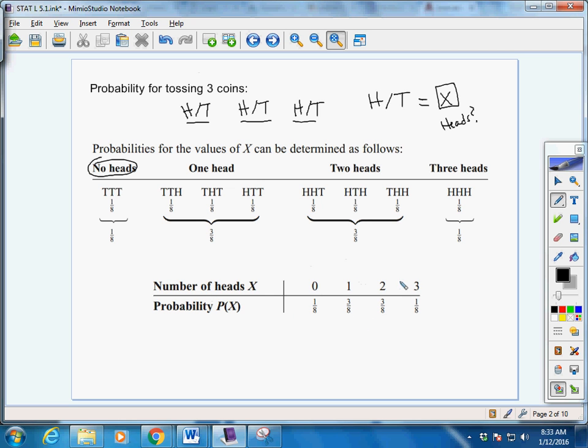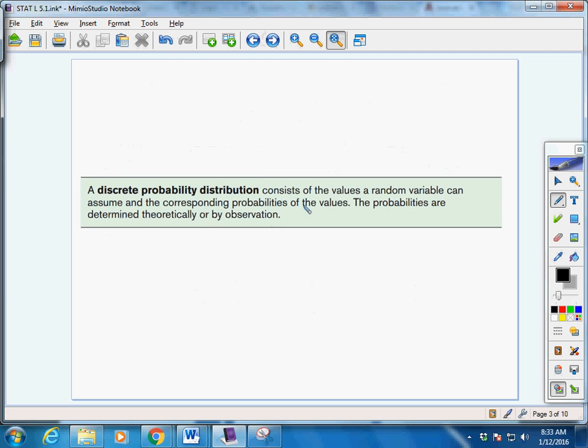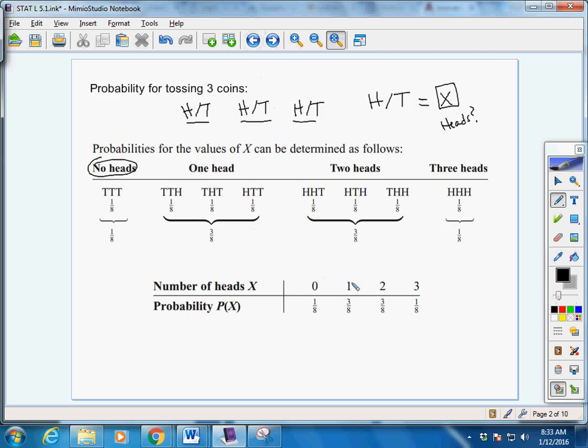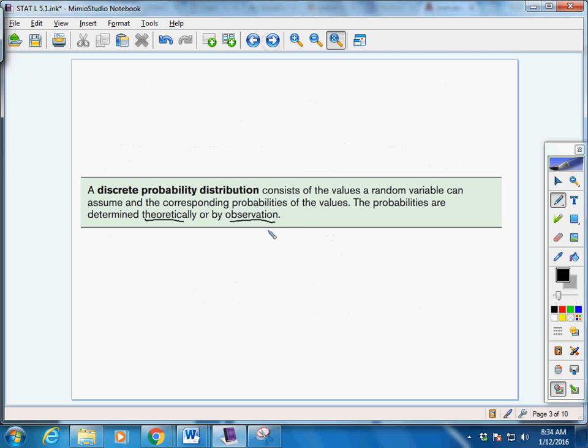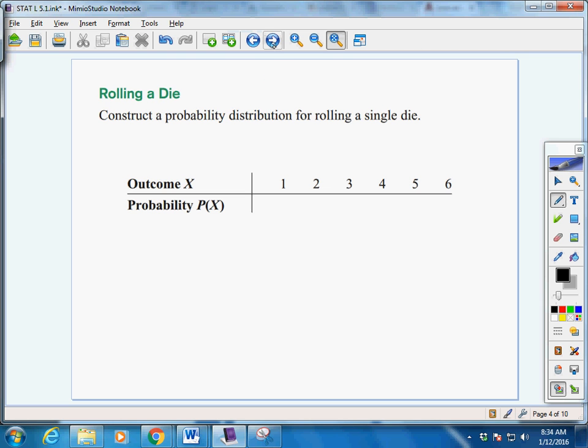It's what the values of the variable are and the probabilities. The probabilities are determined theoretically or by observation. This is theoretical, because we know all of our total outcomes, and then we can figure out the chance of the different combinations coming up. Observation is when you have to get some data and observe something, do some experiments, and we'll talk about that later.